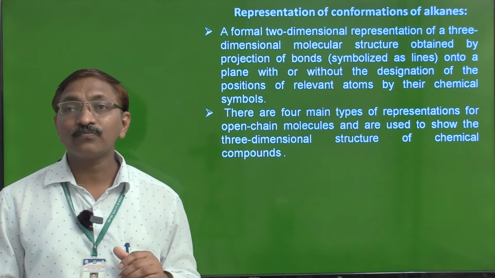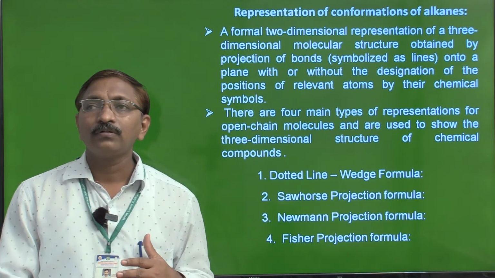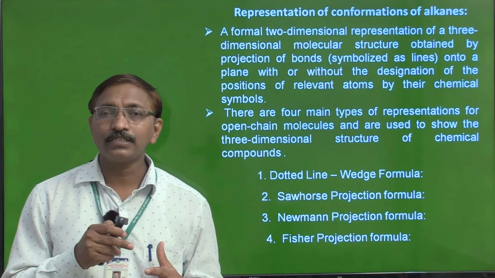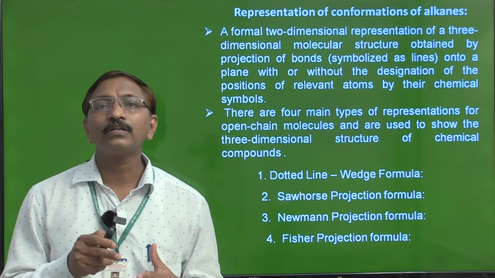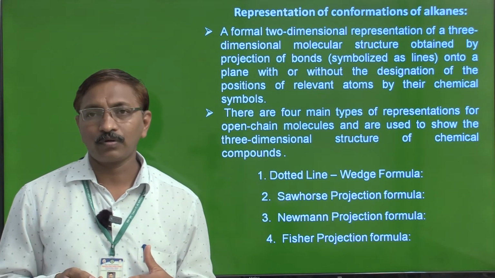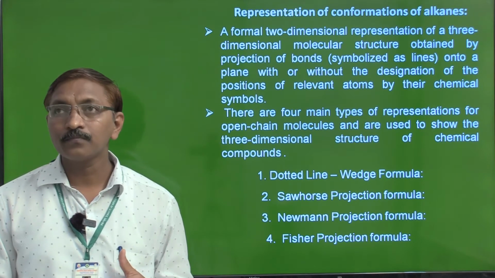There are broadly 4 different types: first is the dotted line wedge formula, second is the Sawhorse projection formula, third is the Newman projection formula, and fourth is the Fischer projection formula. We will see them one by one in detail.